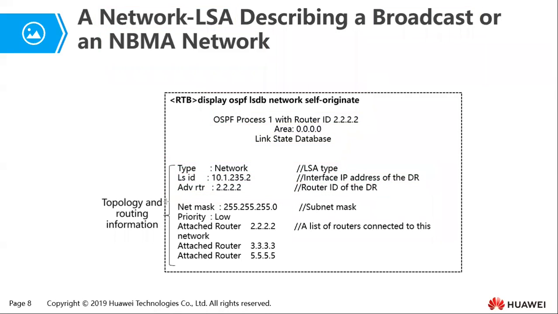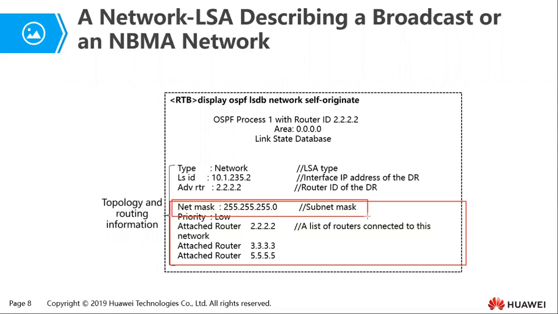Then the second part now is the information it carries. It carries the information about the network. So number one, it shows the subnet mask of the network. For example, when you look at the routing table or the OSPF routing table, you'll see the network ID.